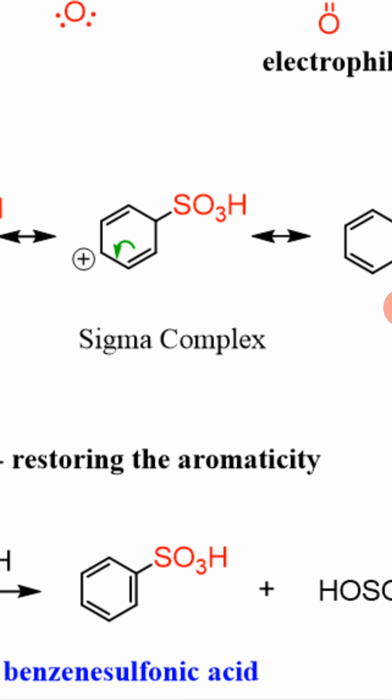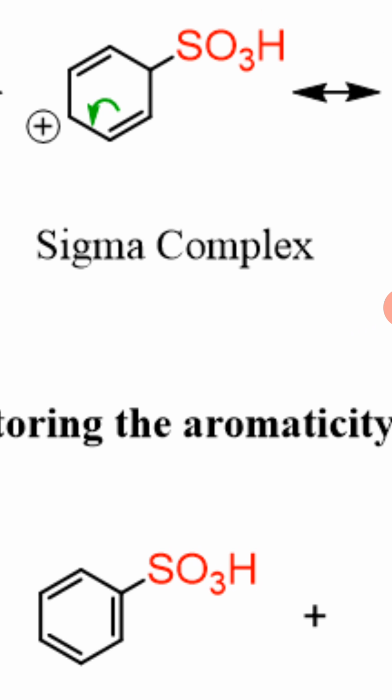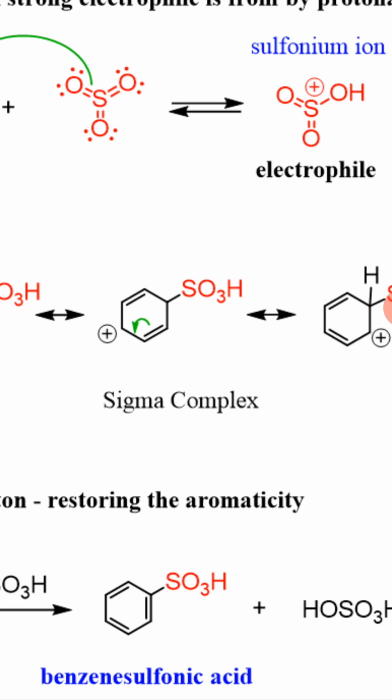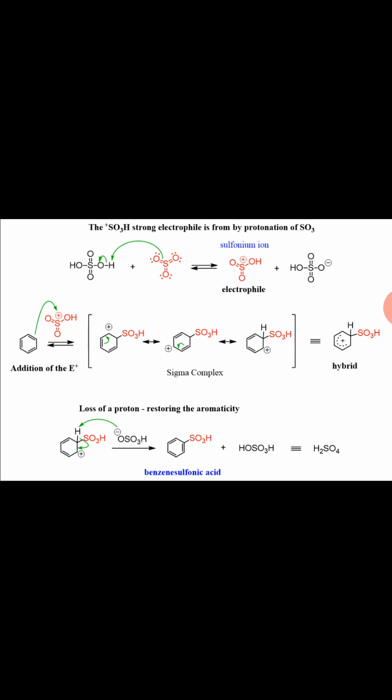When naming, some functional group needs to be preferred over the other. So here the benzene is acting as the substituent over the main functional group, which is the sulfonic acid group.